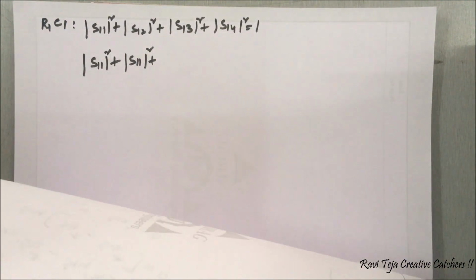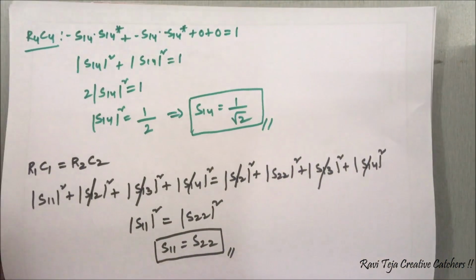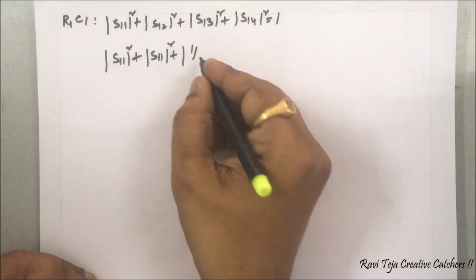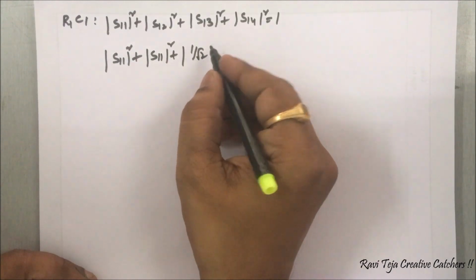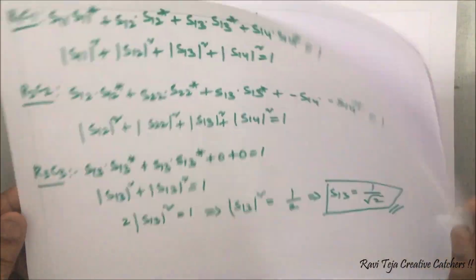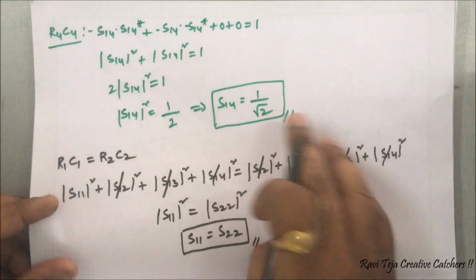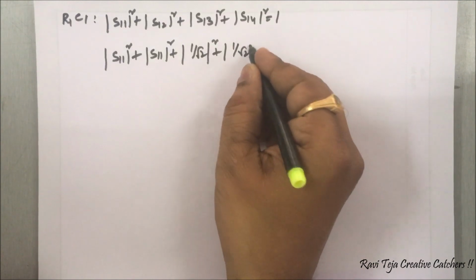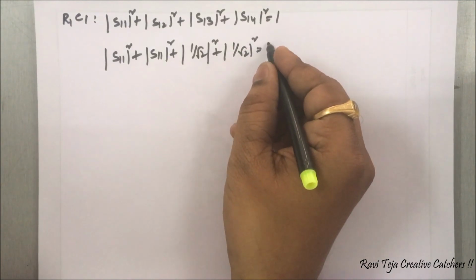S13 is 1 by root 2, so 1 by root 2 square plus S14 is again 1 by root 2, so 1 by root 2 square is equal to 1.